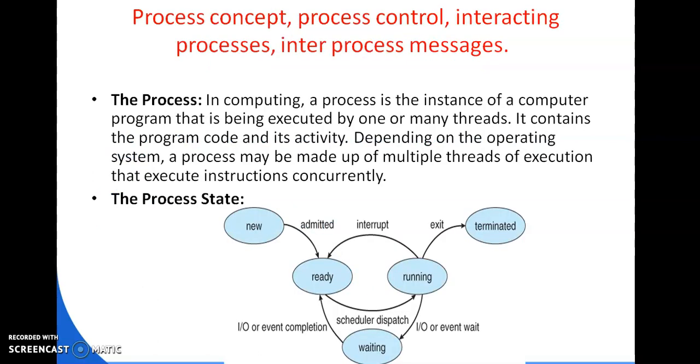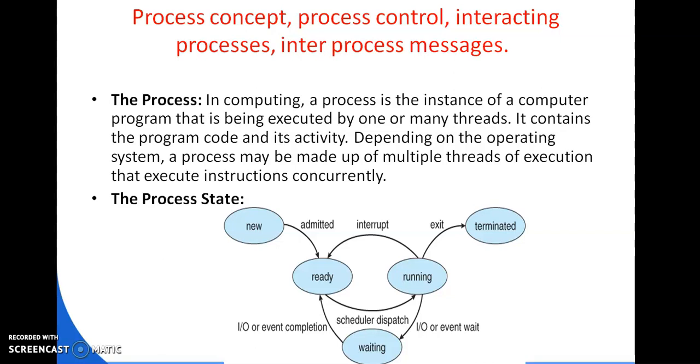So let's look at the process. First, what is a process? In computing, a process is the instance of a computer program that is being executed by one or many threads. It contains the program code and its activity.